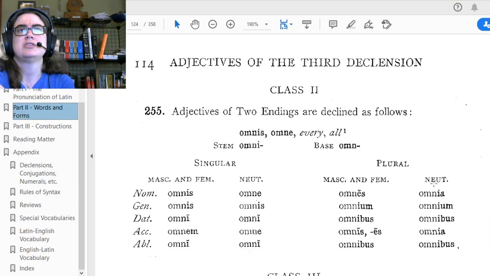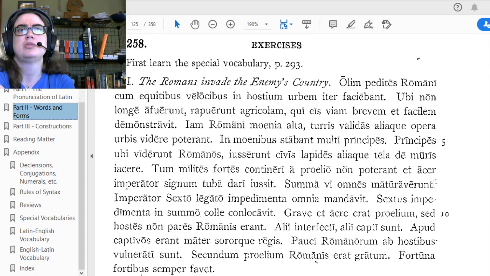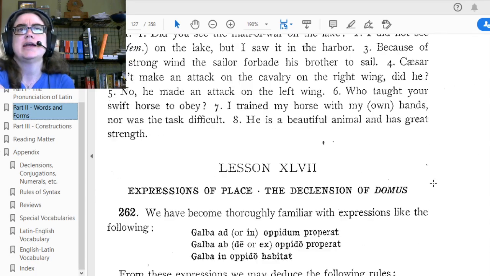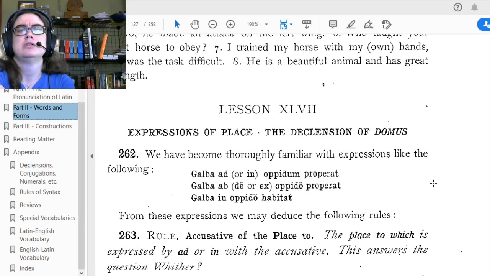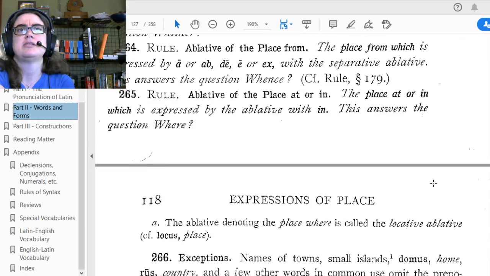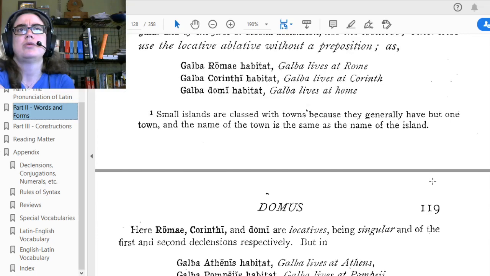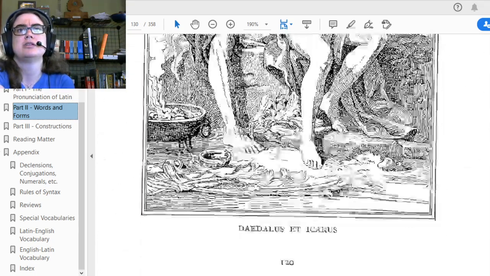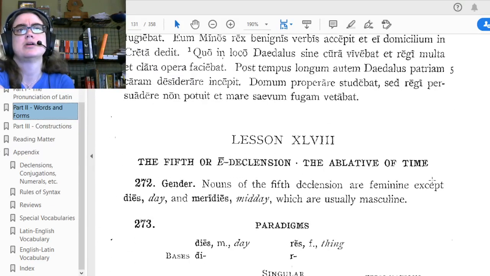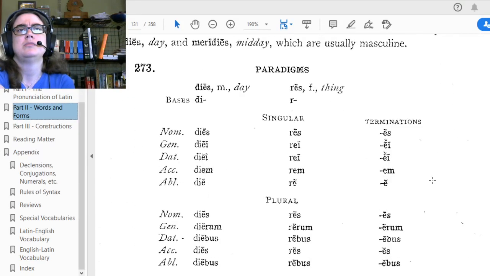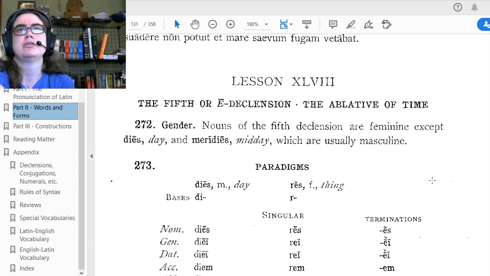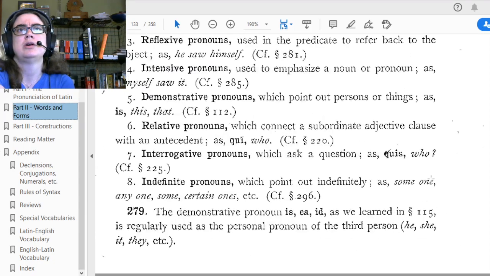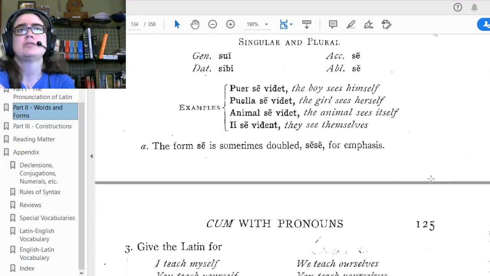Adjectives of the third declension. Okay, that makes sense. So you follow with that. We get a nice noun break for probably at least a month. After possum, we have one more verb thing to learn. But possum isn't hard, because frankly we already know the forms. And then we'll have a month or so to work on nouns and pronouns.